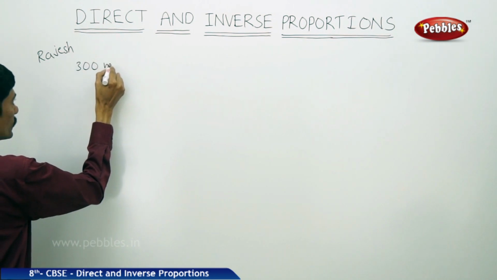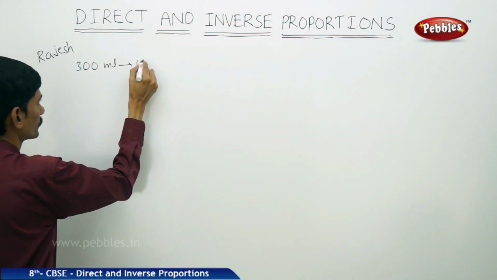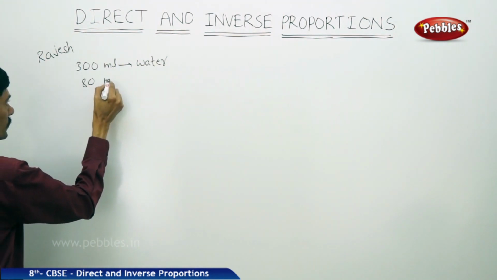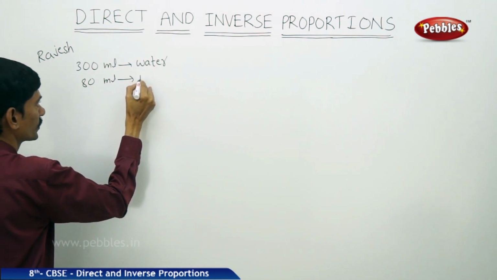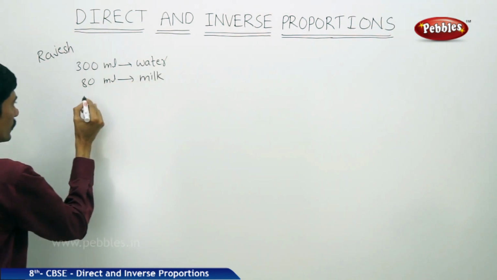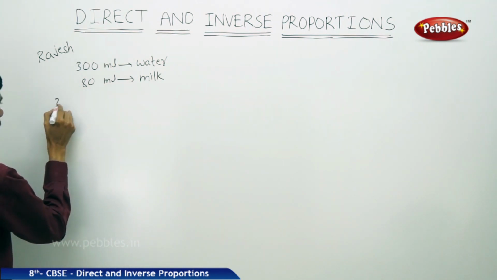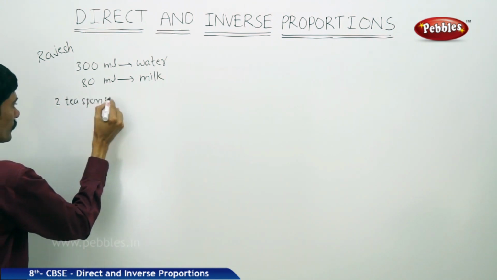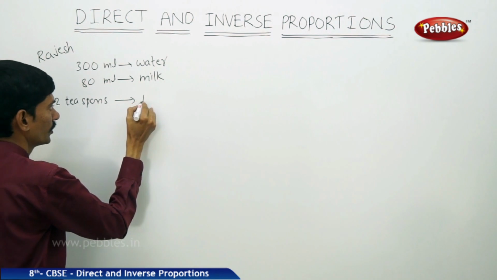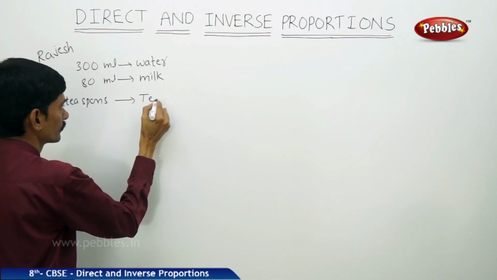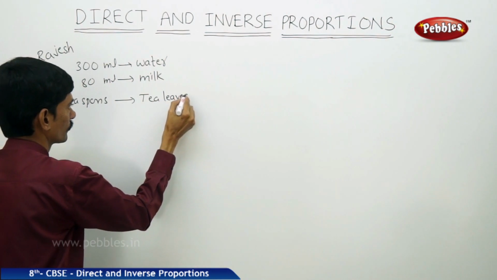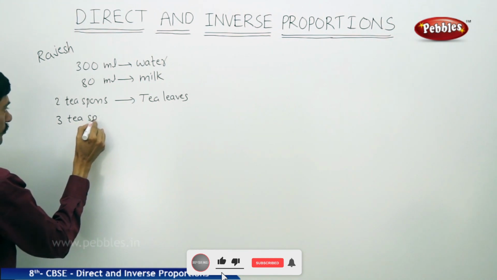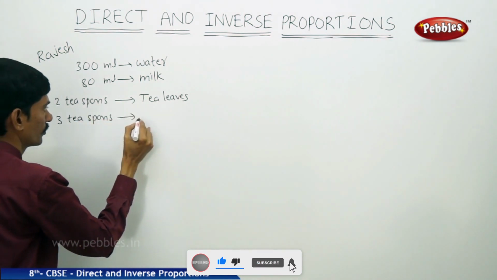300 milliliters of water and 80 milliliters of milk, two teaspoons of tea leaves, and 3 teaspoons of sugar.